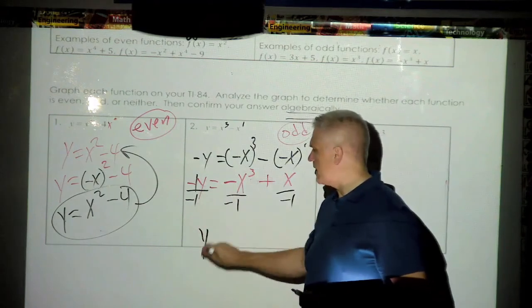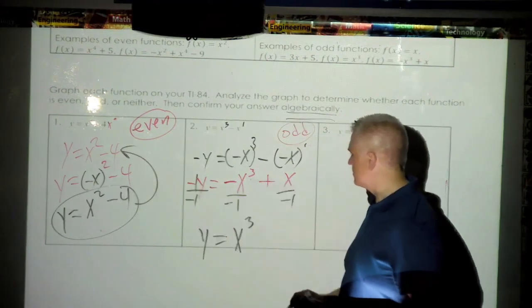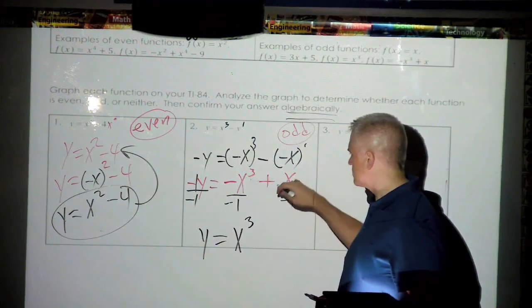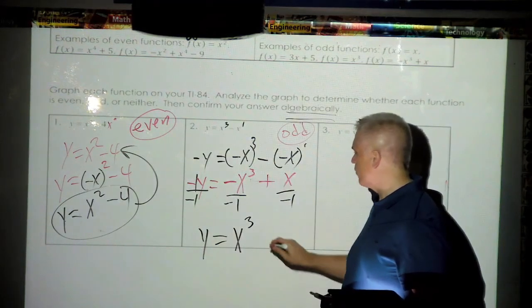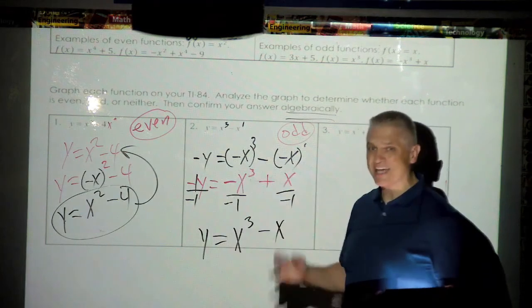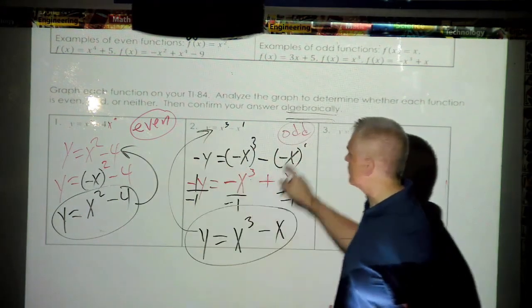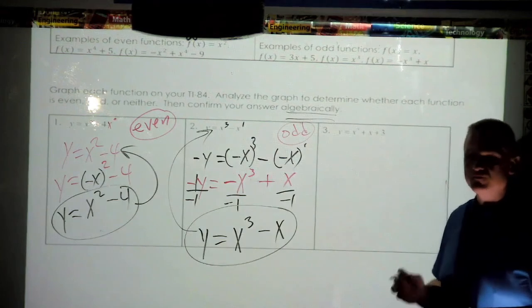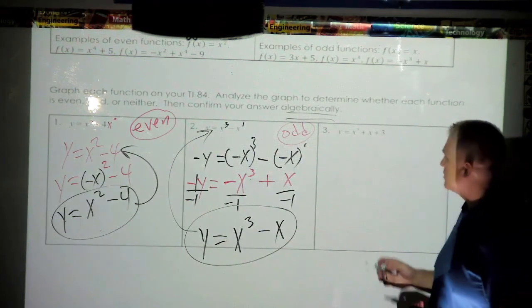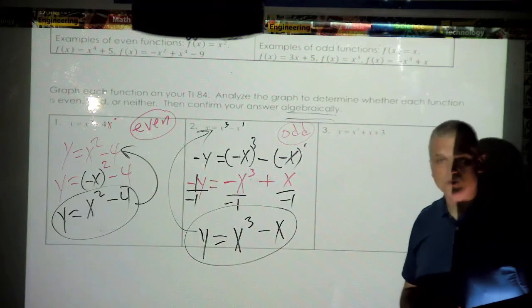So you get y equals, negative over negative is positive, x cubed plus x over negative 1, which is minus x. I changed the x, I changed the y, and I got exactly what we started with. I just algebraically confirmed that this is an odd function symmetric to the origin.